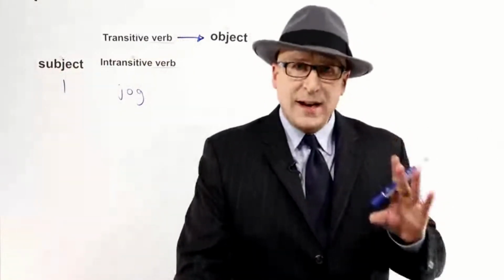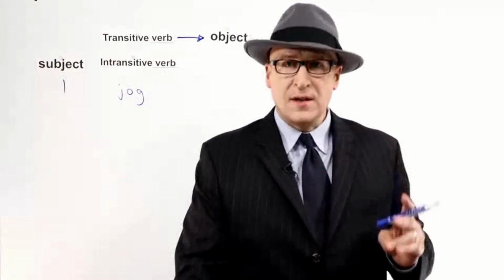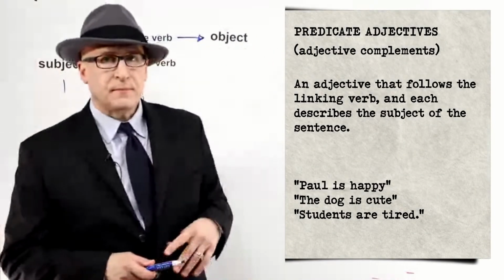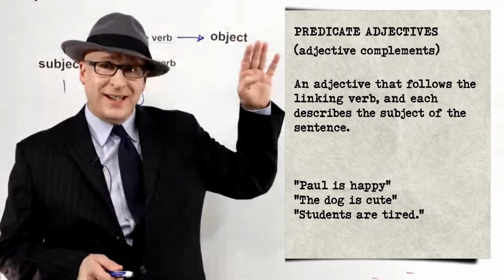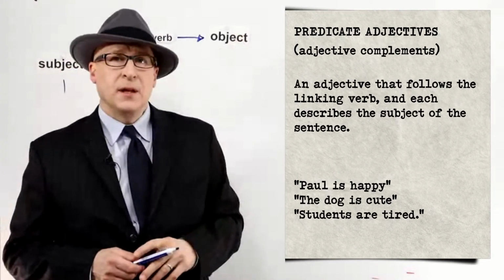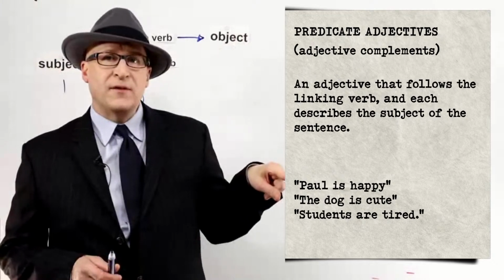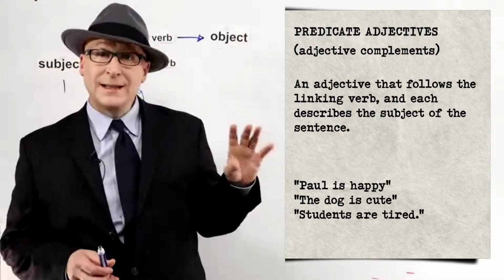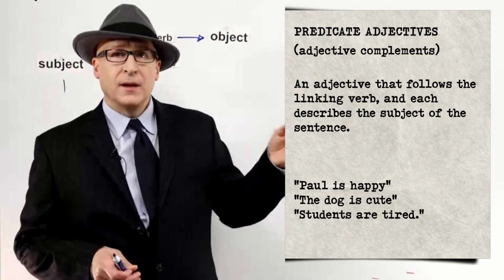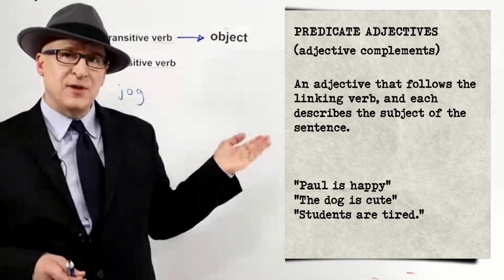So what can we put after the verb? Let's go through the possibilities. The first possibility is something we call a predicate adjective. We've seen this already. This can come after a copula, a linking verb. An adjective that follows the linking verb describes the subject of the sentence.